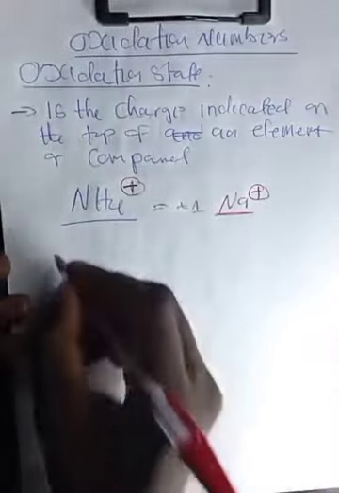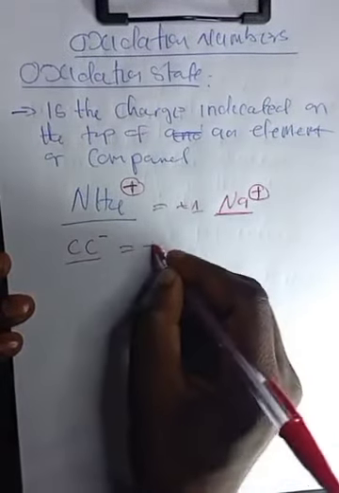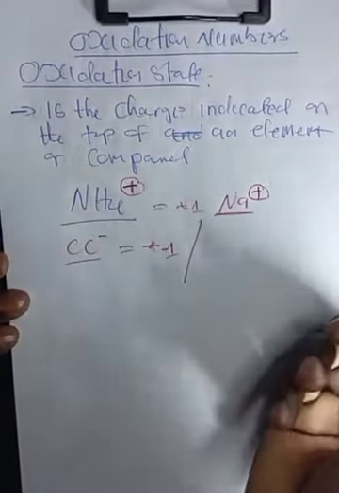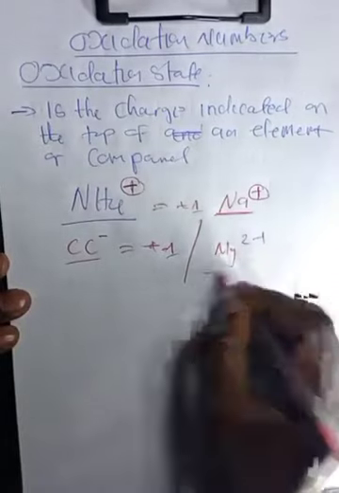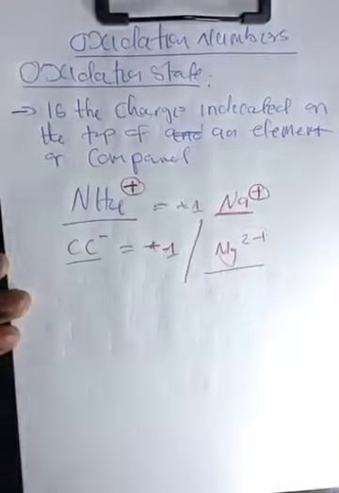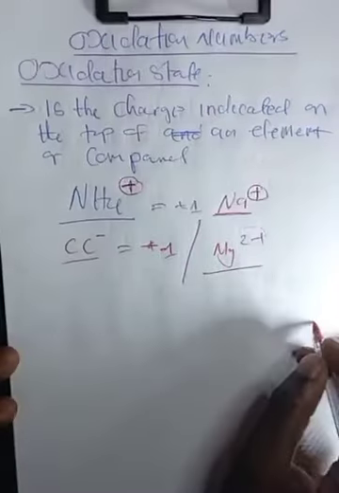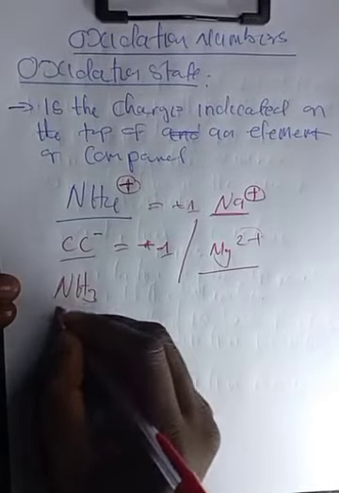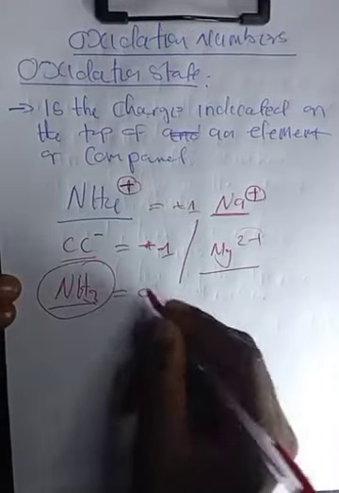If I say chloride ion with a -1 on top, the oxidation number here is also -1. Magnesium 2+ has a charge of 2, meaning that's the oxidation number. Ammonia has no charge on top of it, meaning the oxidation number is 0.